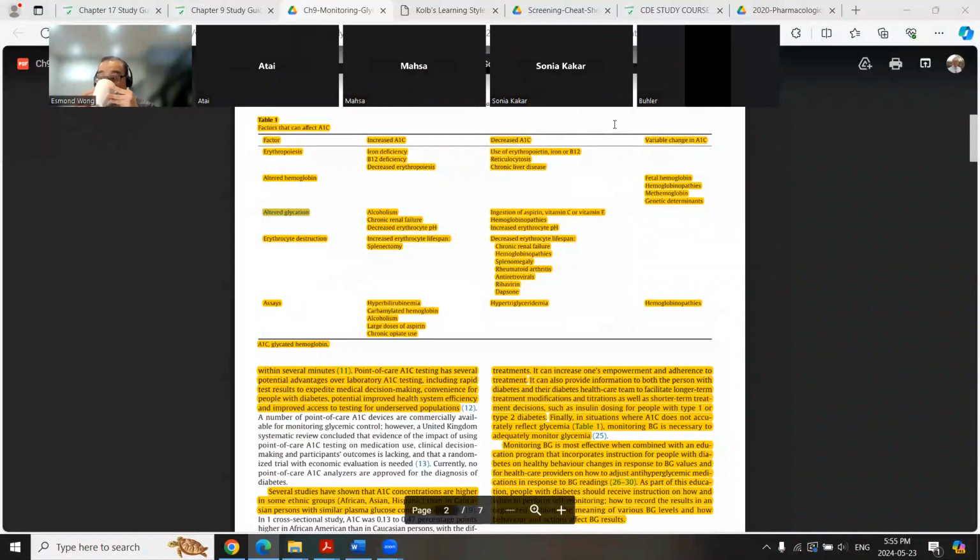But what is in this table is substance abuse, a person who is alcoholic and has had alcoholism for many, many years. That's more like chronic alcoholism, which can increase the A1C because of the altered glycation mechanism. This is how I understood it.